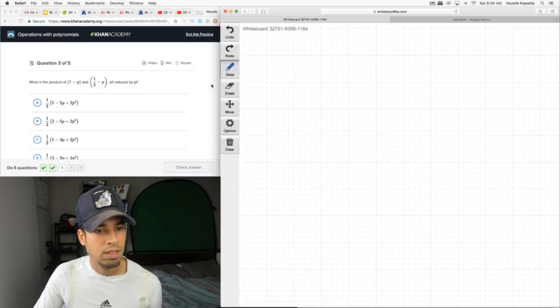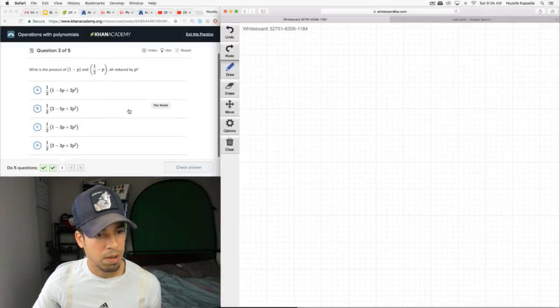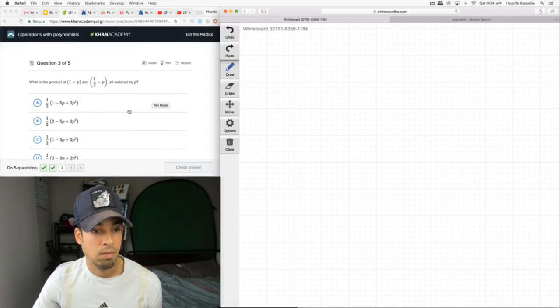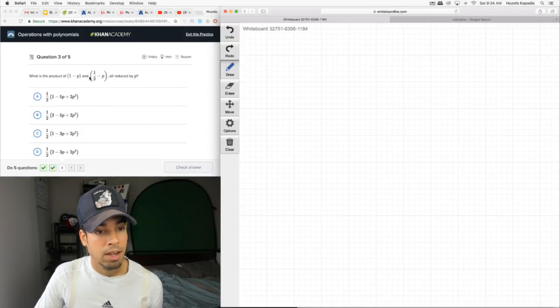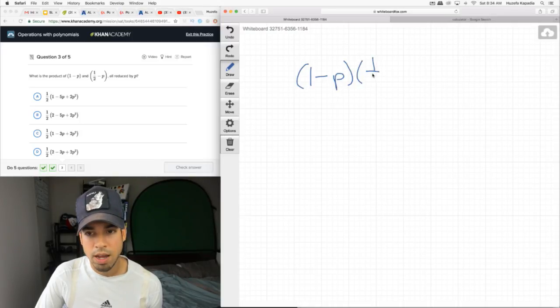All right, question number 3. What is the product of this and this all reduced by p? So let's see, reduced by p. I don't exactly know what they mean there. I'm just going to multiply them and see what we get, because that's weirdly phrased. Anyways, let's do 1 minus p times 1/2 minus p.